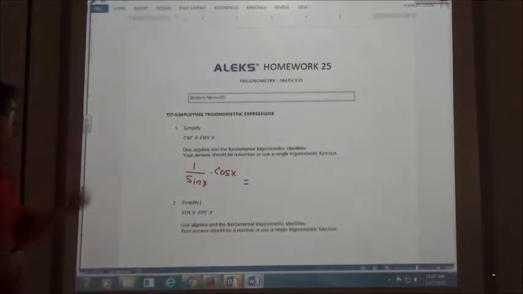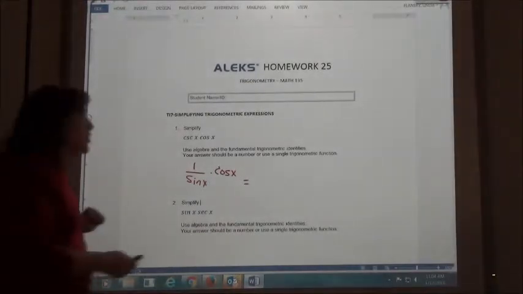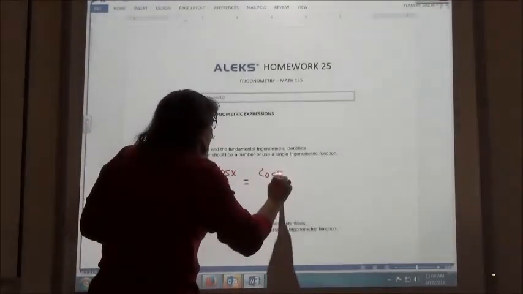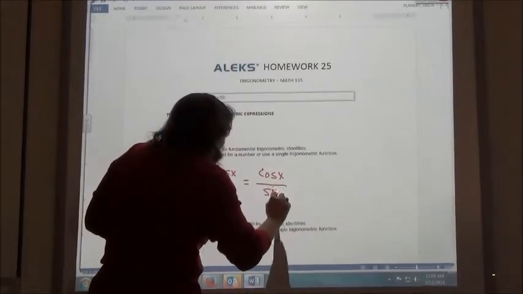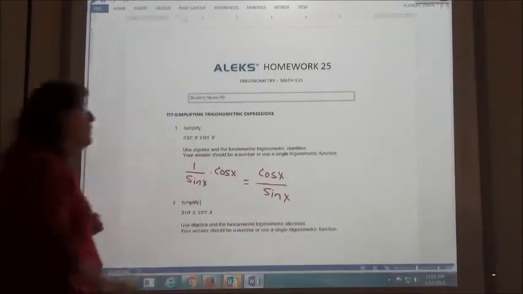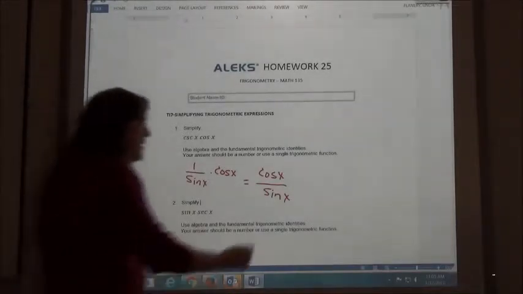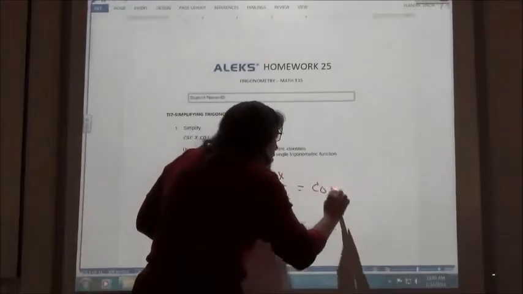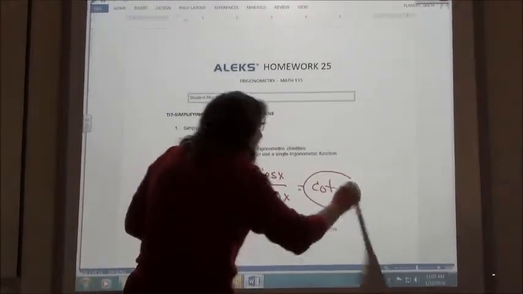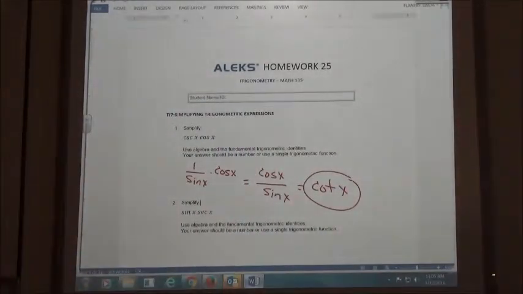If I then do algebra and combine them into one expression, I'm going to have the cosine of x over the sine of x, and then I have one of those other identities. Cosine over sine is the cotangent, so now it's equal to the cotangent of x, and now I've got it simplified into one trigonometric statement by using those two different kinds of identities.